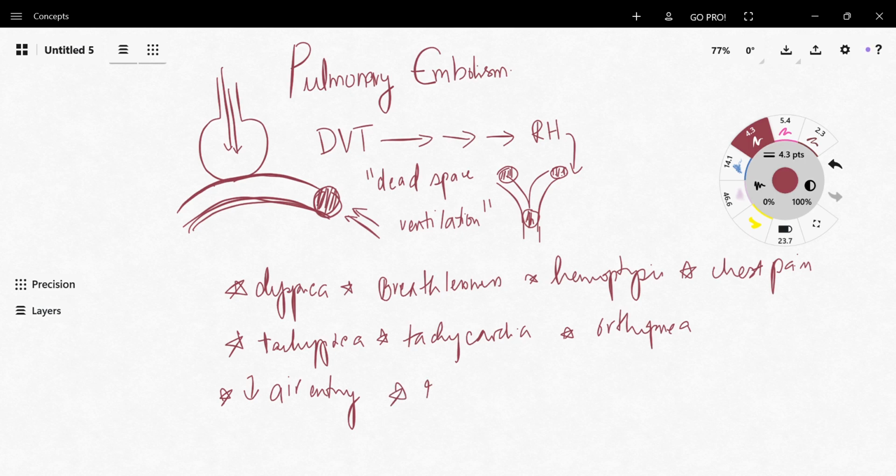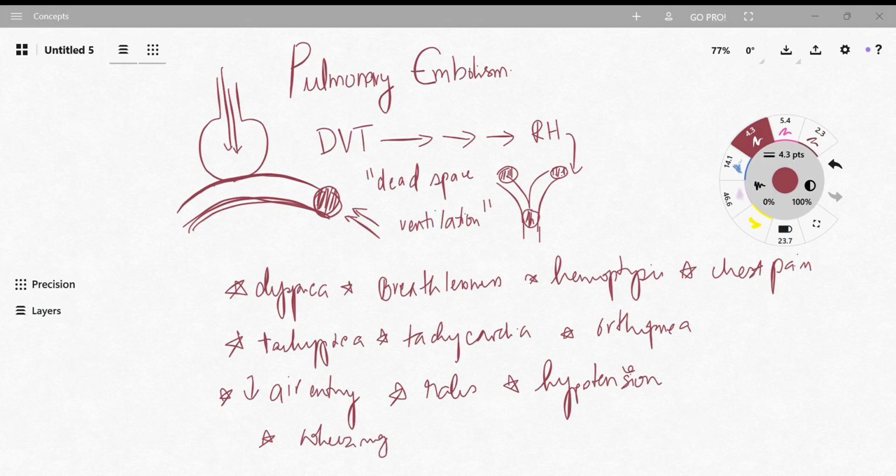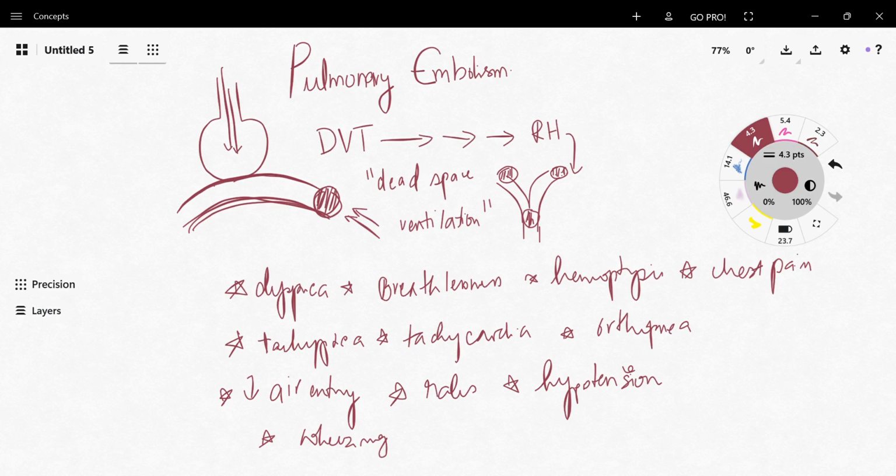There's going to be rales. There may be hypotension, wheezing, there can be syncope and hemodynamic instability, right?